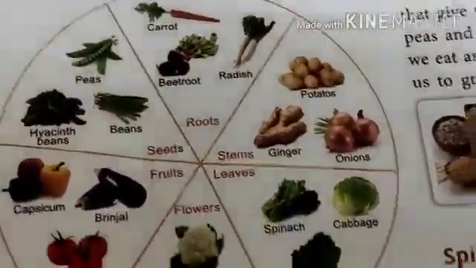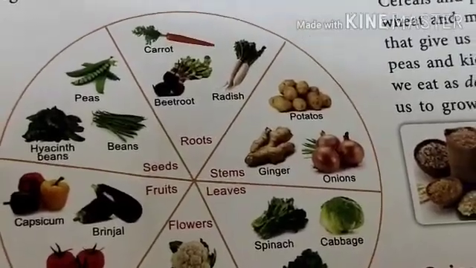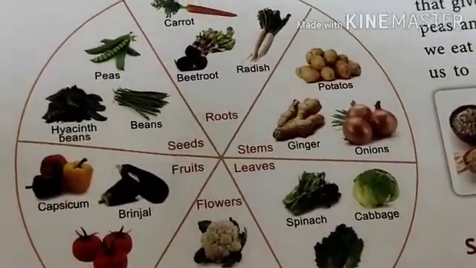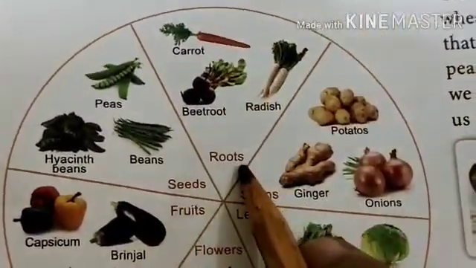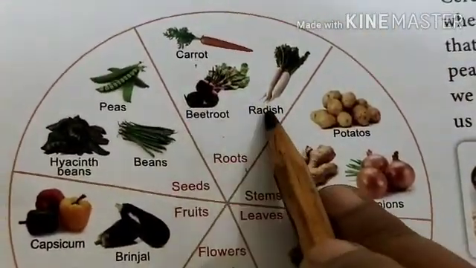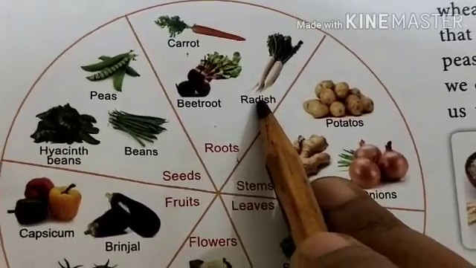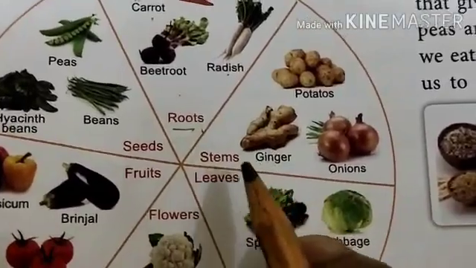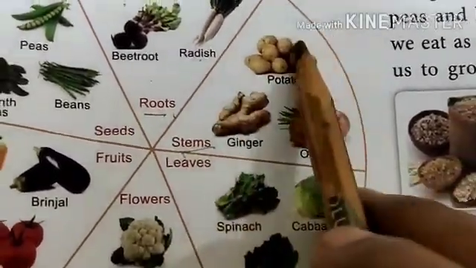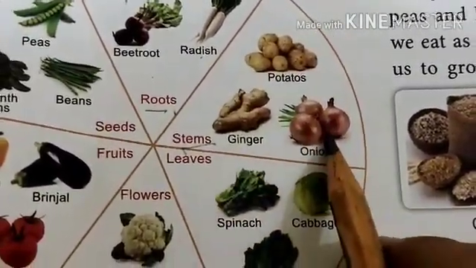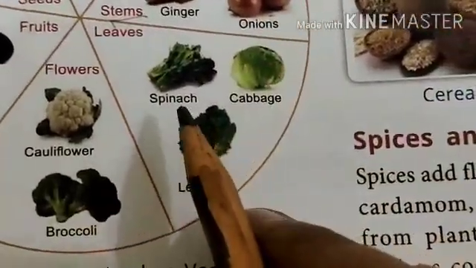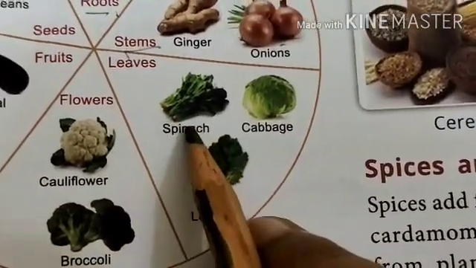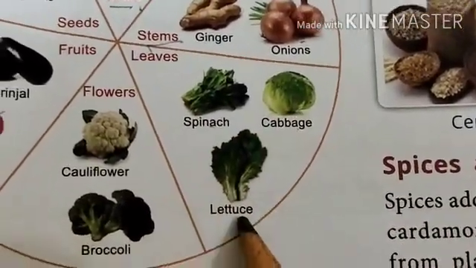In the last lesson, you have already learnt that we use different parts of plants as food. Some roots like carrot, beetroot, radish, we eat as the parts of the plant root. Some stems of the plants like potato, ginger, onion, we eat. Then some leaves of the plants like spinach, cabbage, lettuce.